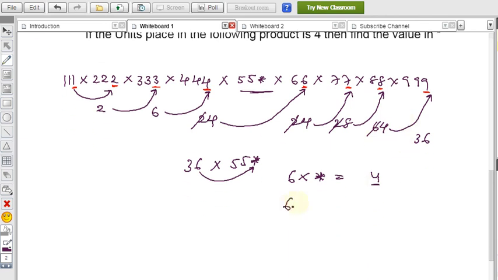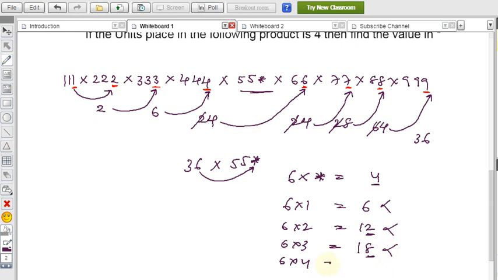You can check 1. 6 into 1, 6 into 2, 6 into 3, 6 into 4. 6 into 1 is 6, so this is not it. 6 2 is 12, this also is not. 18, 8 is coming. 6 4 is 24. Now the units place is 4. So the star place is nothing but 4. So the answer is 4.